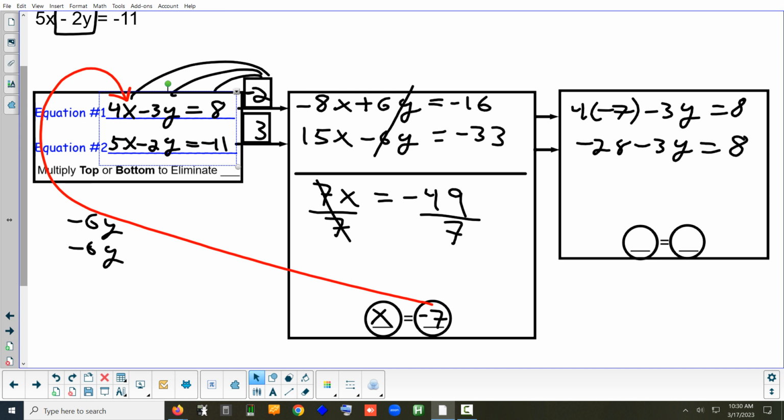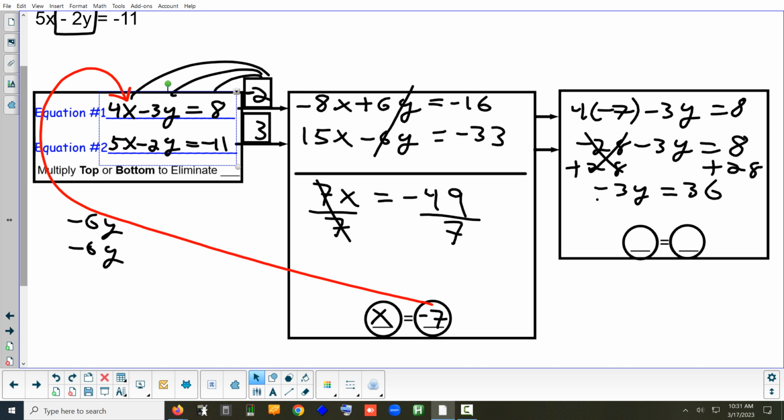Okay, how do I put that negative 28 on the other side? You add it. And what does that give me? What's 8 plus 28? 36. And my last step is to divide by... what do I divide by?